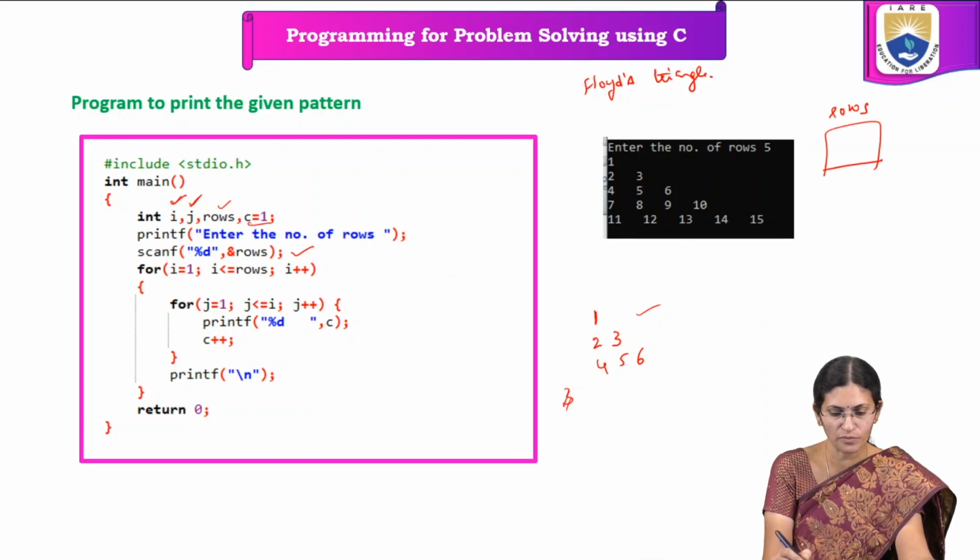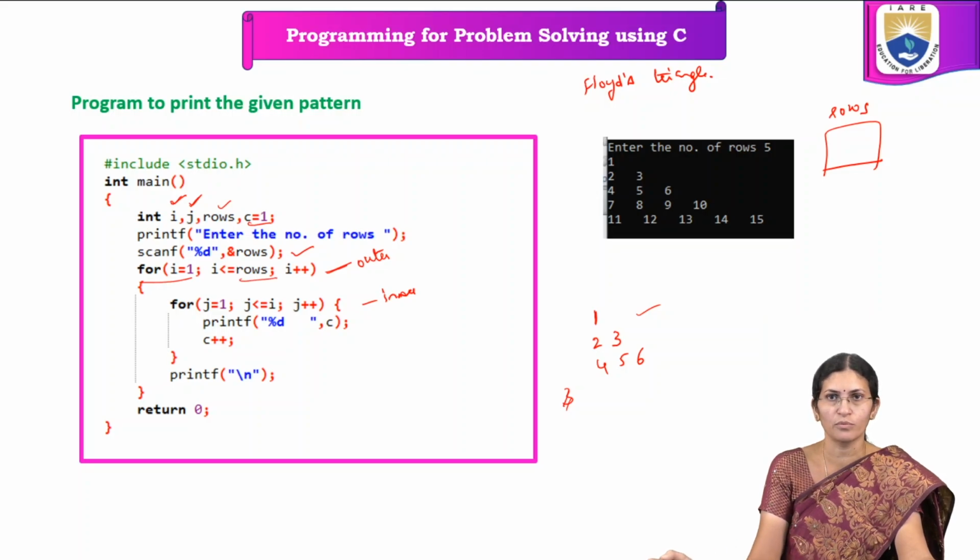Now the outer for loop will repeat. As you know, in order to print the pattern we use nested loops. This one is the outer for loop and this one is the inner for loop. The outer for loop will iterate from 1 to the number of rows, that is, for i equal to 1 while i is less than or equal to the number of rows which the user has entered.